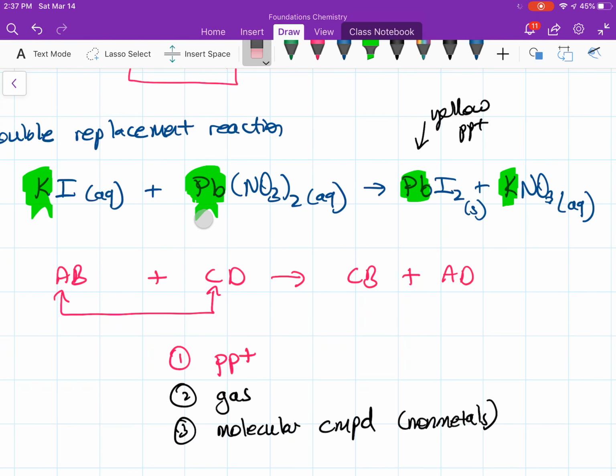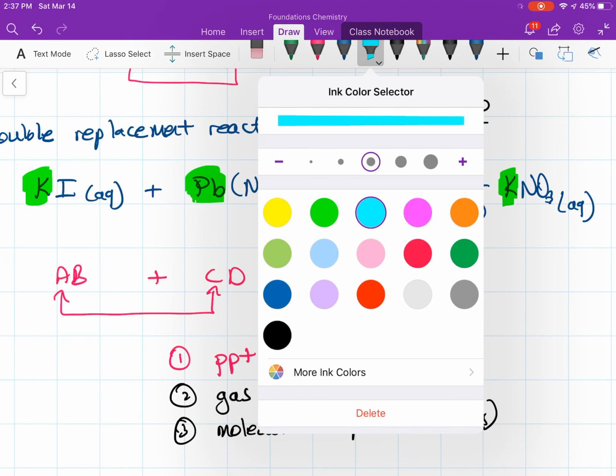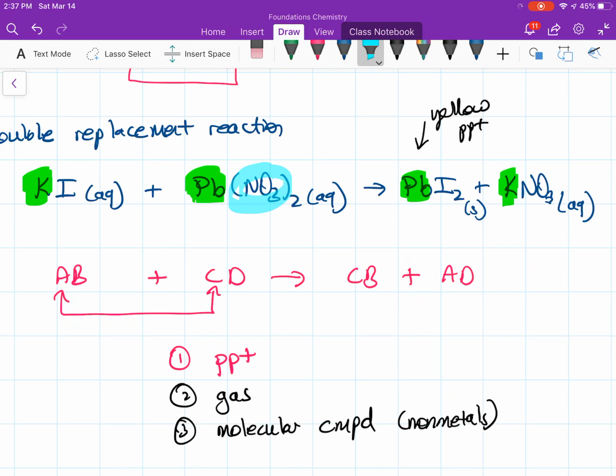Okay, now we need to go back to this reaction that we just wrote. I'm going to get rid of some of my markings, and we need to balance this. All right, so let's look here. I have two NO3s over here. I only have one NO3 over there. Let's put a 2. Okay, so now I have two Ks over there, so I'm going to put a 2 there.